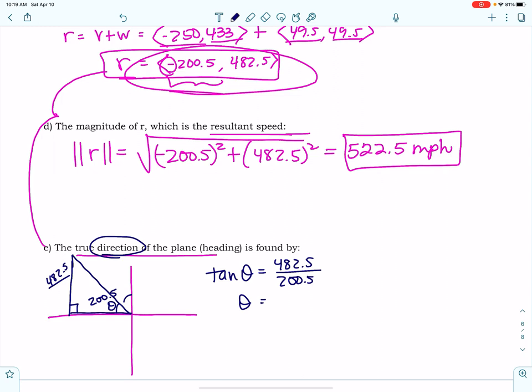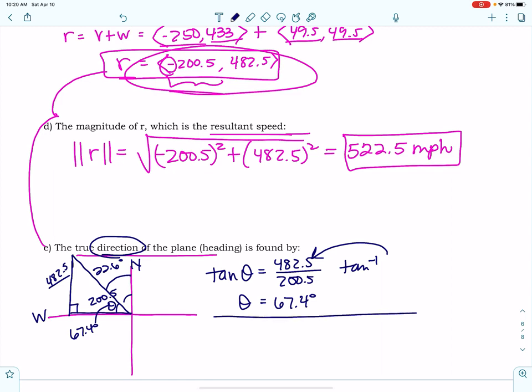So for theta, remember in your calculator, you type in tangent inverse of all of that. And then for theta, I get approximately 67.4 degrees. We are not finished. All right, so if this angle is 67.4, then this angle right here is 90 minus that, so that's going to be 22.6 degrees.